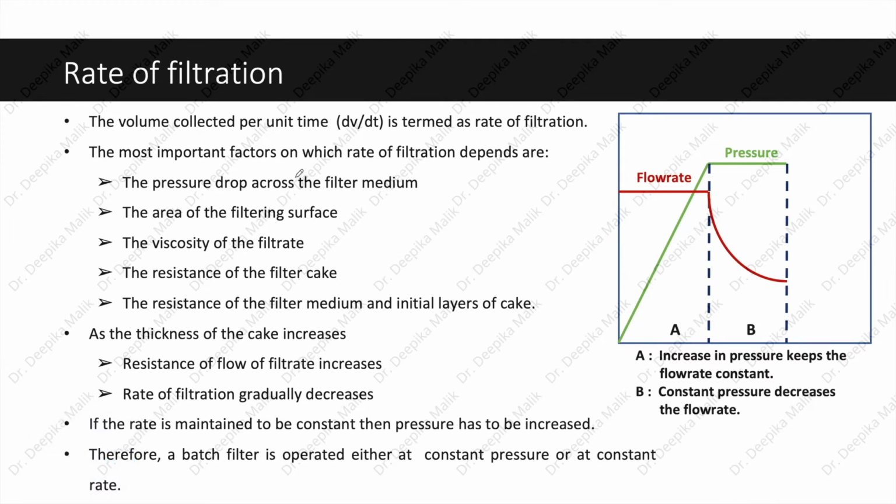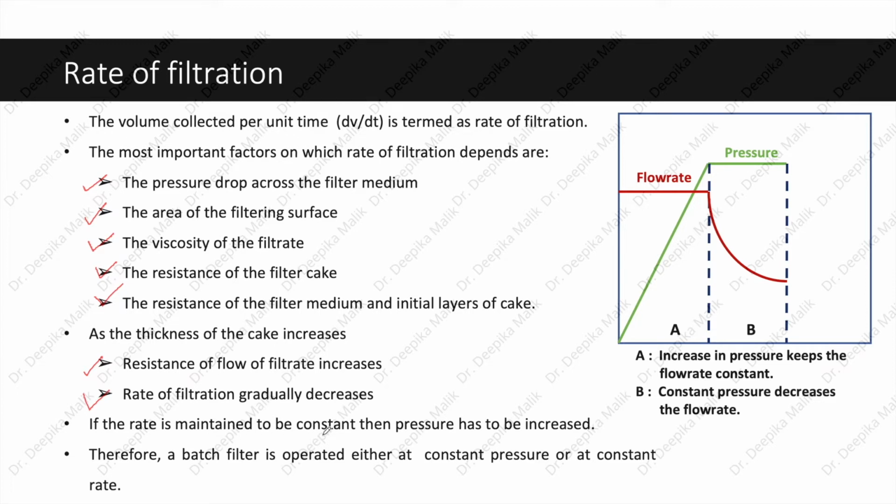The most important factors on which rate of filtration depends are the pressure drop across the filter medium, the area of the filtering surface, the viscosity of the filtrate, the resistance of the filter cake that is being deposited, the resistance of the filter medium, and initial layers of cake. As the thickness of the cake increases, resistance to flow of filtrate also increases and the rate of filtration gradually decreases.